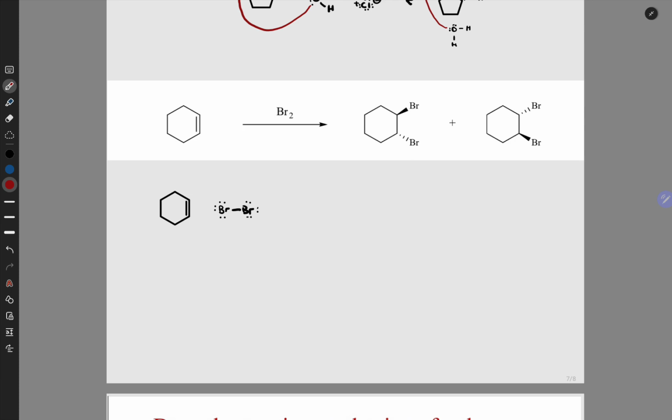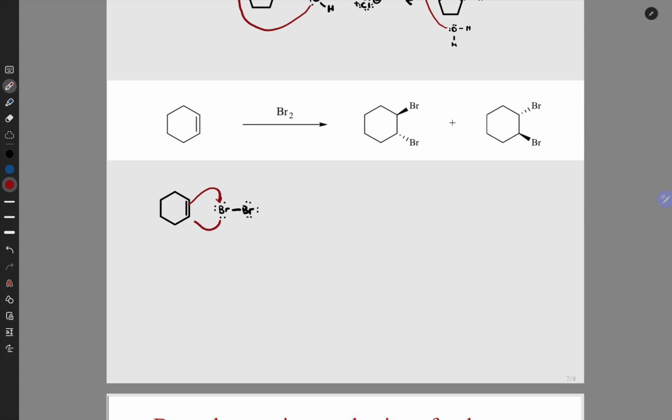All right. So let's go through and, oh, hang on. So this is another concerted mechanism where our electrons will come and grab onto this bad boy right here, the bromine.